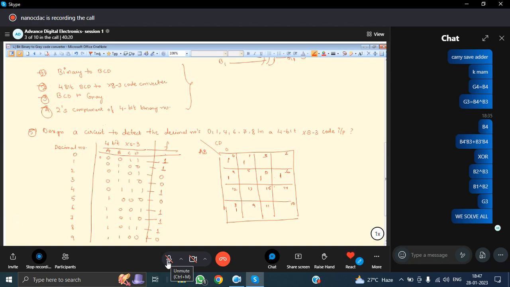Here, if you write the equation, how will it be? It will be a very big equation and the circuit also will be very huge.